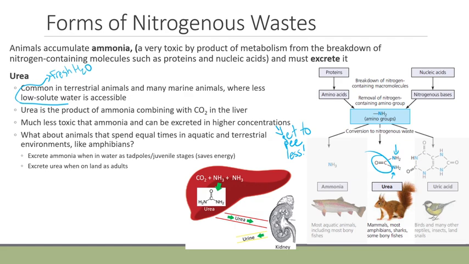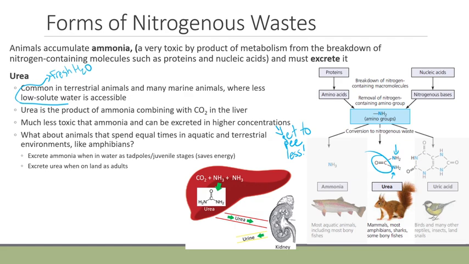But as they start to metamorphose into the adult frogs, spend more time on the land, yes, they do still live in the water at times, they will generally switch over to excreting it as urea. There are some cool cascading effects that cause them to be able to change to do that, but they're able to adapt to the environment. Their environment influences their nitrogenous wastes, like I said before.